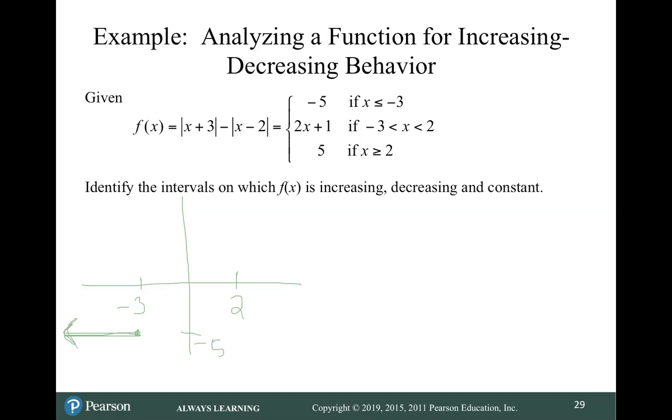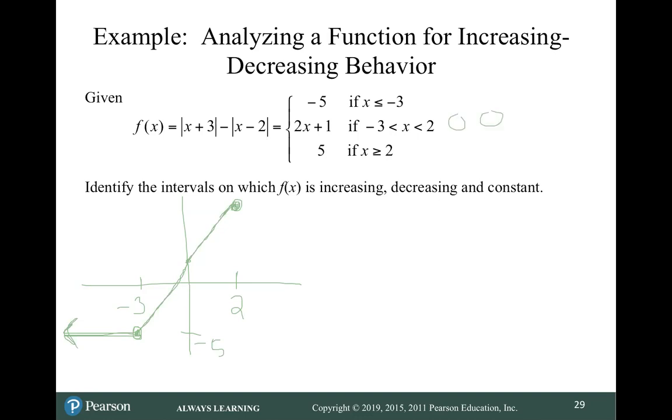And then between -3 and 2, we have the graph of 2x plus 1. So here's plus 1. If I follow my slope, it will connect there, and then it will keep going all the way and stopping at 2. There should be a hollow circle around my filled in circle. So these two endpoints are hollow.